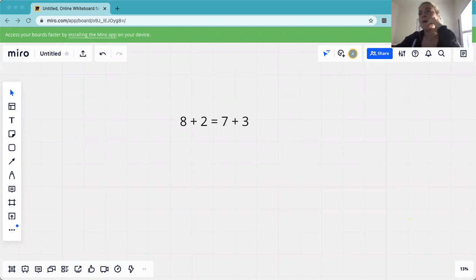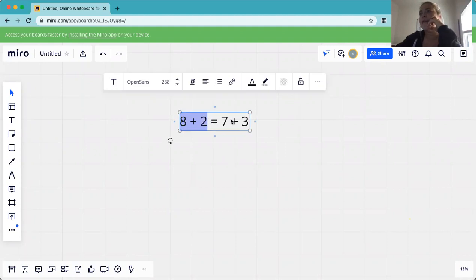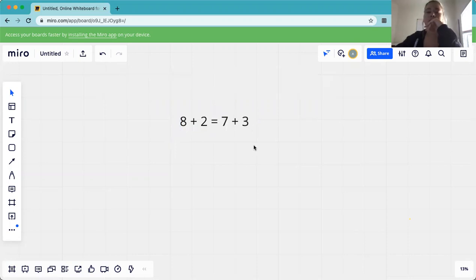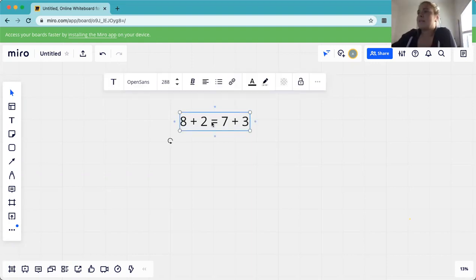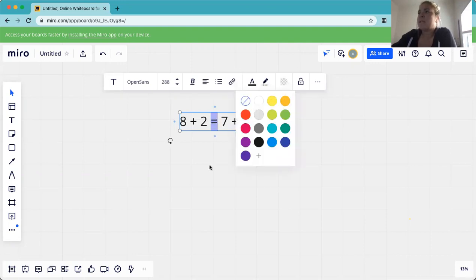On one side right here, I have 8 plus 2. And then on the other side of the equal sign, I have 7 plus 3. So I want to figure out, what does this equal sign mean? What is it telling us?